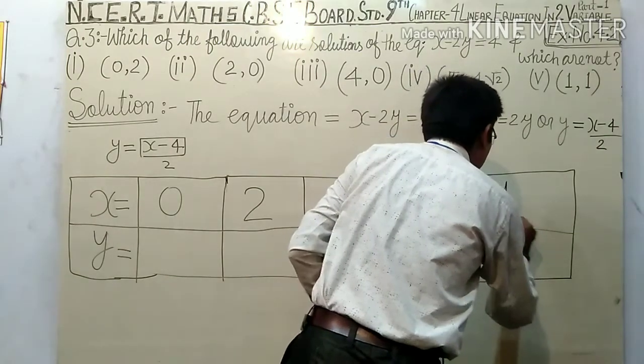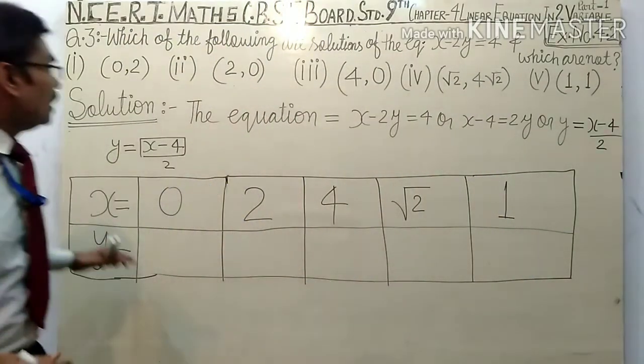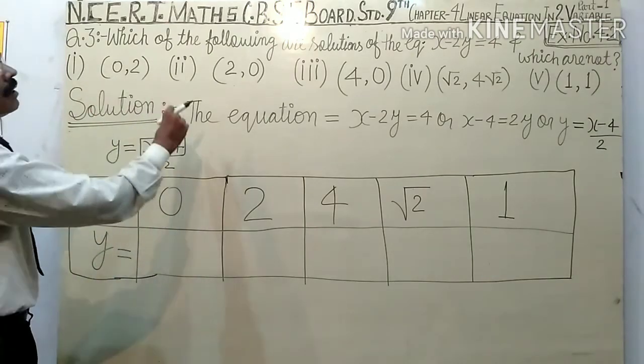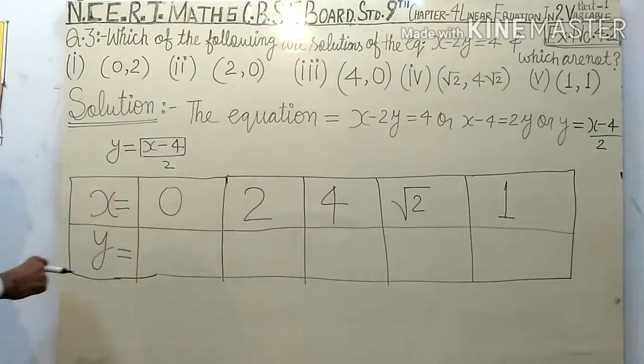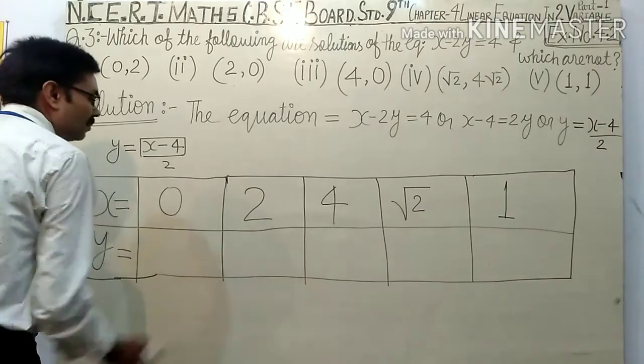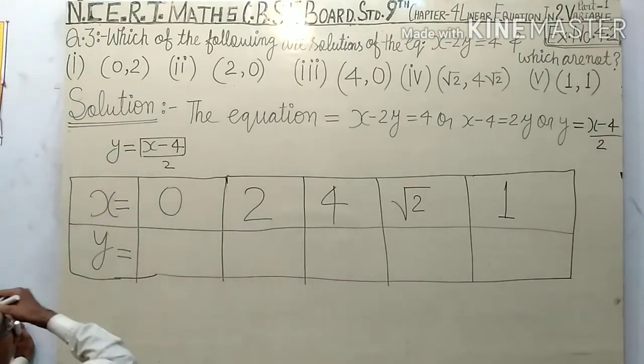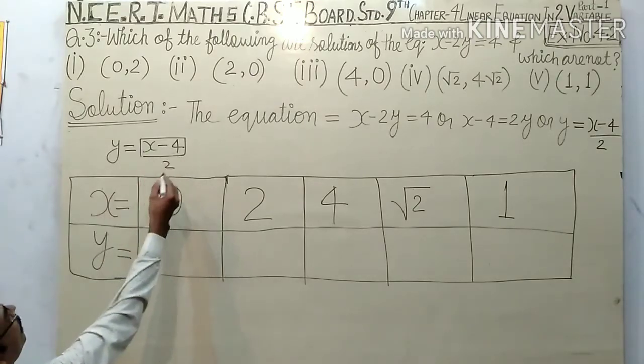Students, in which option the value of y will be a solution of the equation and which will not match will not be a solution of the equation. So start 0 minus 4 by 2 is minus 2.